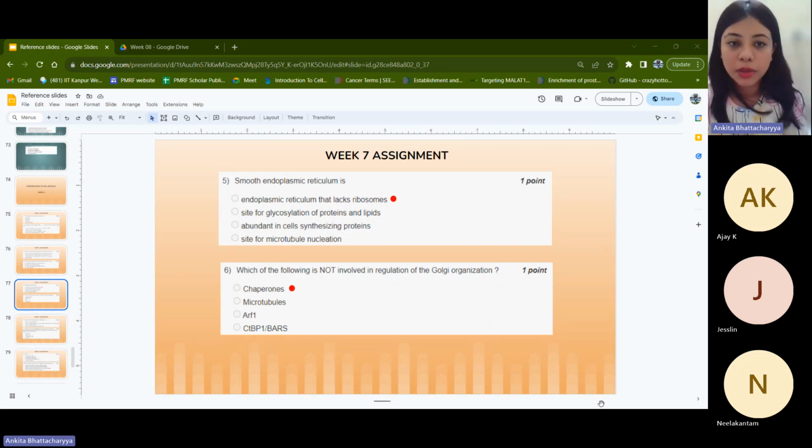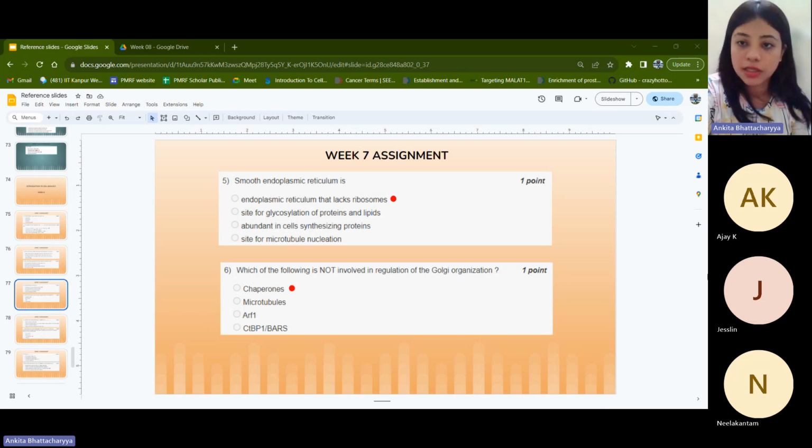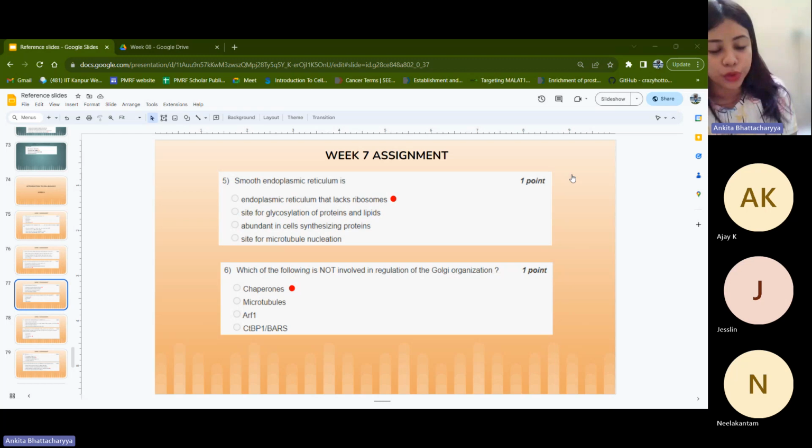The first distinction between them is their appearance. That appearance comes from the presence or absence of ribosomes. When ribosomes are present, they form a rough surface and are capable of protein synthesis. For the smooth one, you do not see ribosomes, and therefore it appears smooth to you.